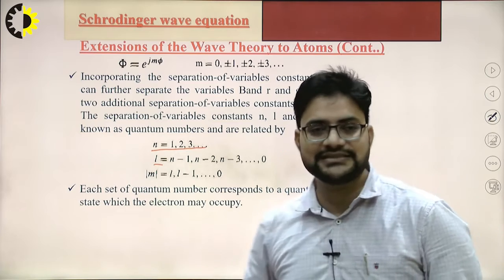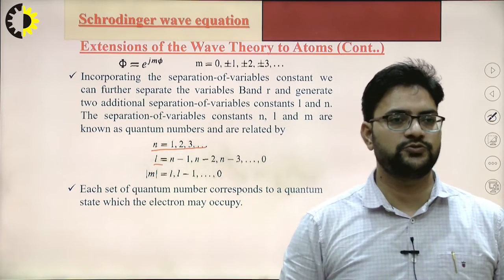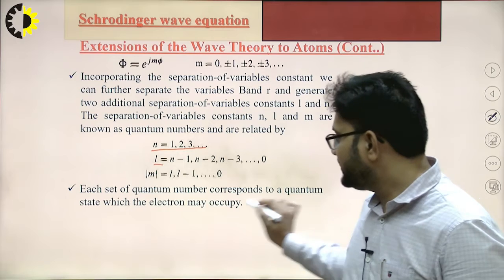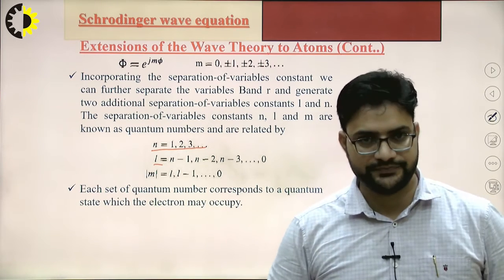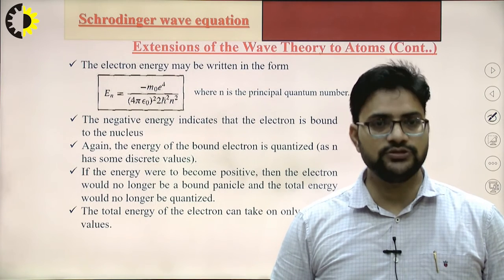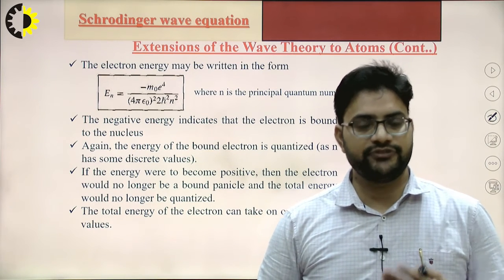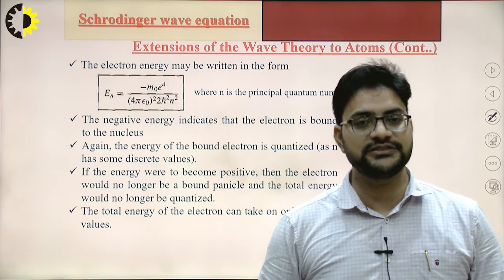So each set of quantum numbers corresponds to a quantum state which an electron may occupy. This was further explained by Pauli's exclusion principle also.